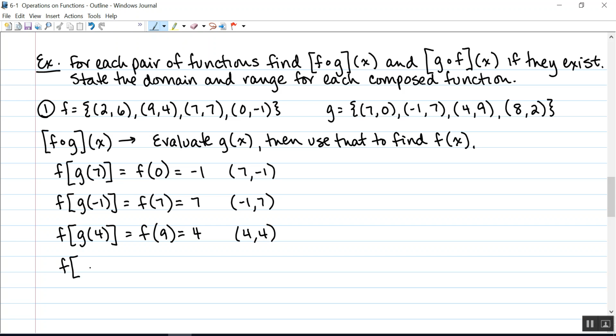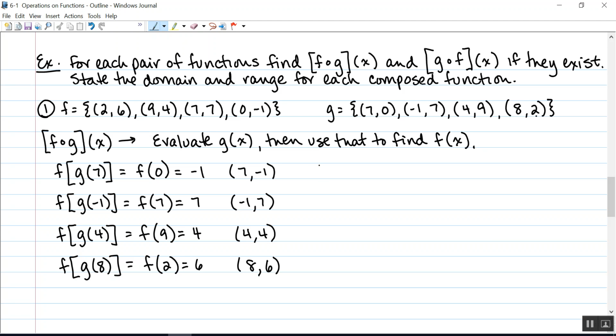And I have one ordered pair left in g, and that's 8, 2. F of g of 8 is the same as f of 2. And when I go over to this function, f of 2 is 6. So that gives me the ordered pair 8, 6.